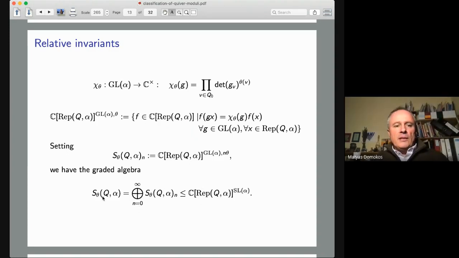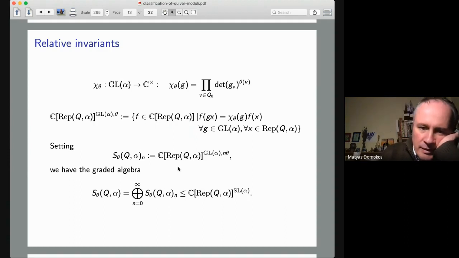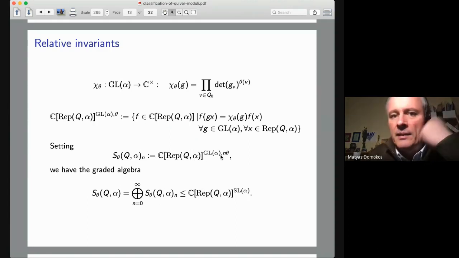So we shall denote it by S sub theta Q alpha. And this will be viewed as a graded algebra. The degree n homogeneous component will be the space of relative invariants of weight n times theta.